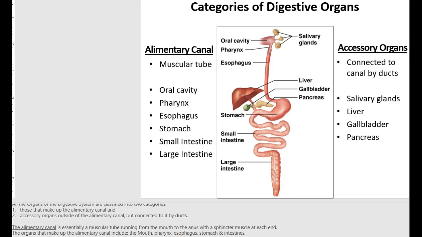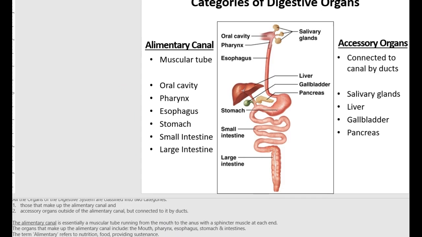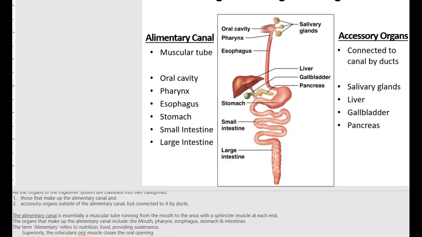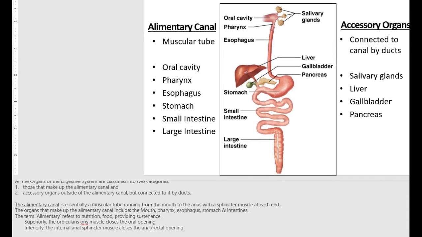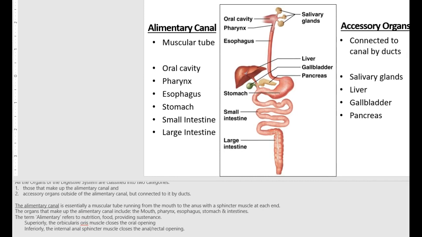The organs that make up the alimentary canal, therefore, include the mouth, the pharynx, the esophagus, stomach, and intestines. By the way, the term alimentary refers to nutrition, food, or providing sustenance. So that's where that term comes from.